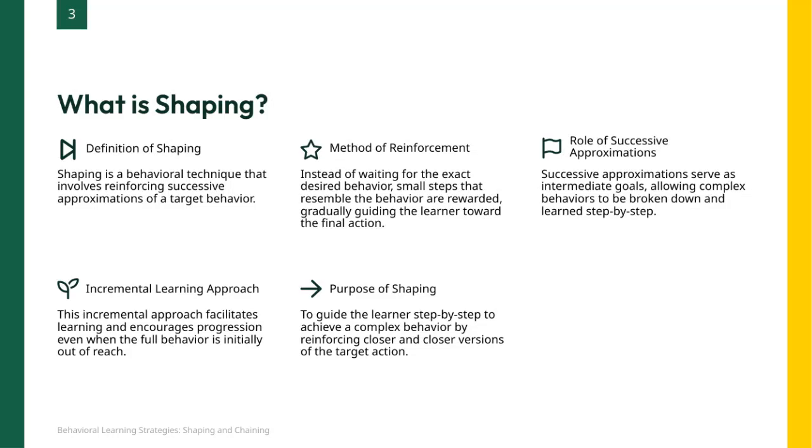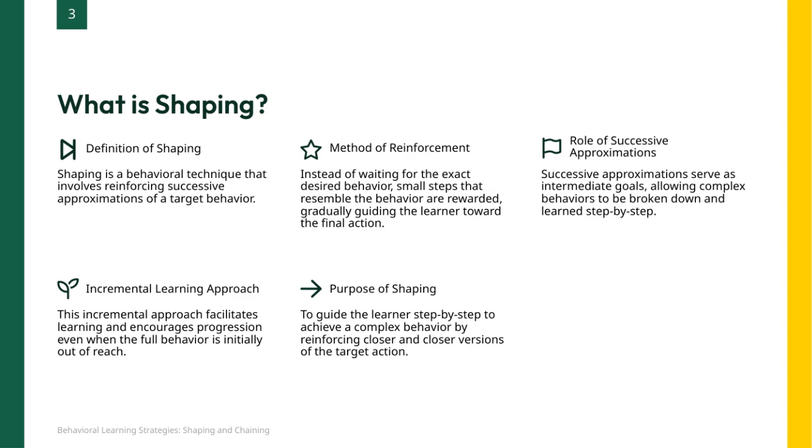Shaping is a behavioral technique that helps us teach complex behaviors by reinforcing successive approximations, or small steps, leading toward the final goal. Instead of waiting for the exact behavior to occur, we reward these smaller, manageable actions that resemble what we ultimately want. This way, the learner is gradually guided toward the desired behavior.